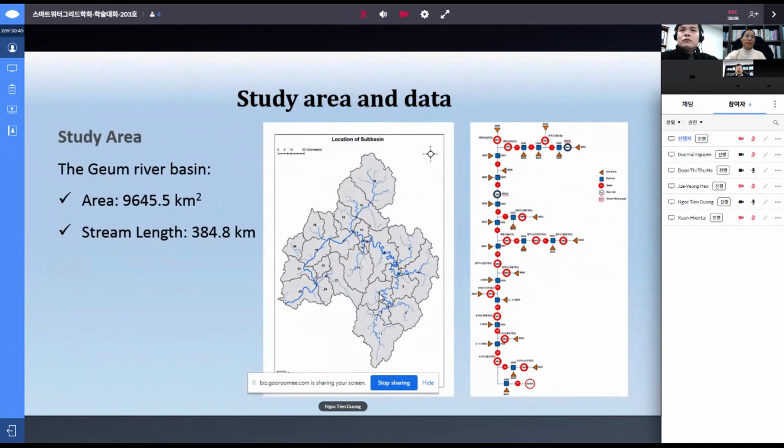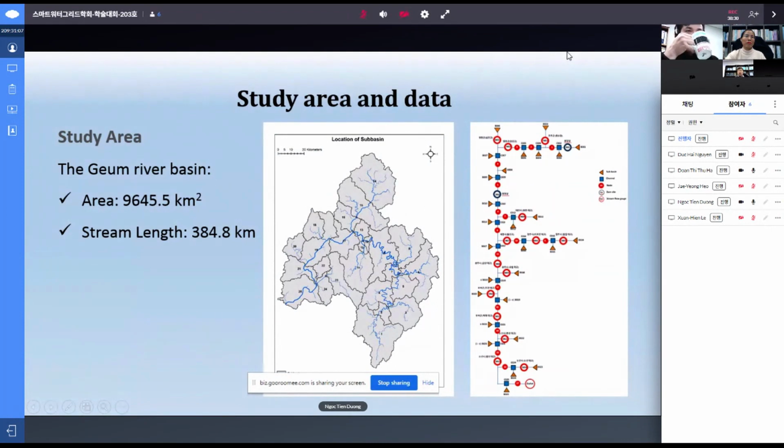About the study area, I calculate the area for Gulf River Basin at over 9,000 square kilometers.